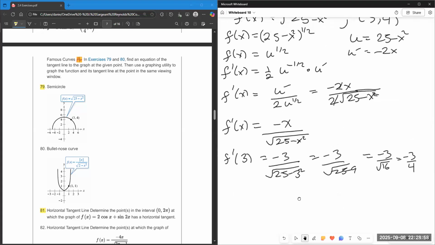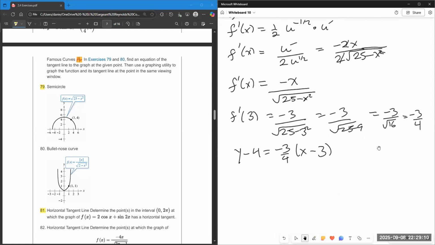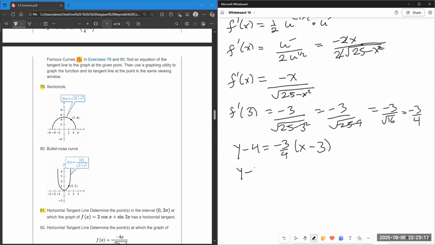So y minus y1 is equal to m times x minus x1. Y minus 4 equals negative 3/4 x plus 9/4.